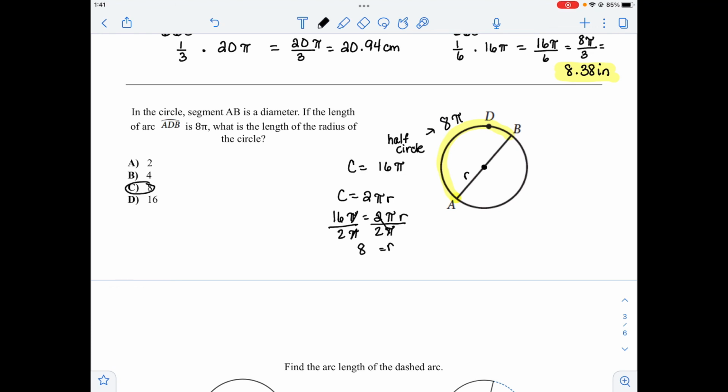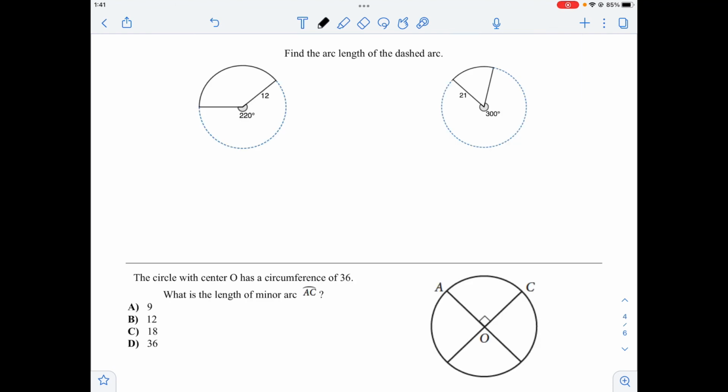Since we know that half of the circle is 8 pi, then we know that the whole circumference would be 16 pi, doubled. So we can use our circumference formula, plug in what we know, and then solve for r, and we got 8. I want you to pause and see how you do.